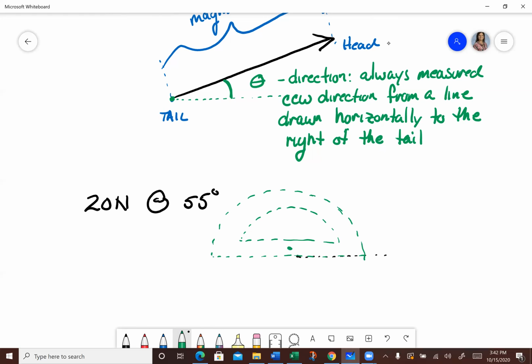So that circle should be where your tail is going to be. And we will mark off where 55 degrees is. So I'll mark that on my paper. Then I go back and remove my protractor. This point, when connected with that point, will make a line that has an angle of 55 degrees.